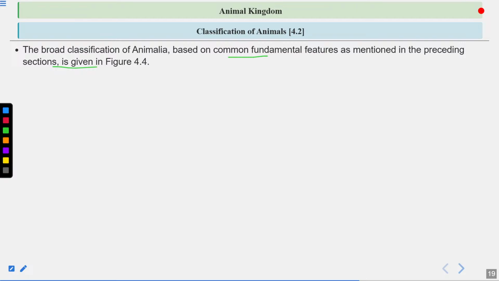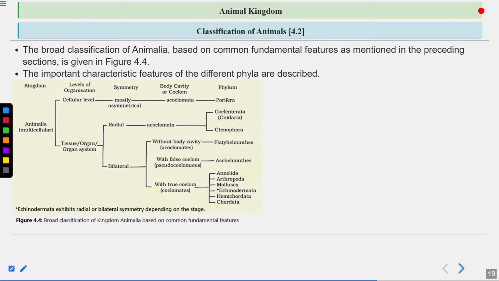Okay, now coming to this particular figure, this is very, very important. The important characteristic features of the different phyla are described here. This figure makes you understand why these fundamental features are important. What we are studying is kingdom Animalia, all multicellular organisms, not unicellular.